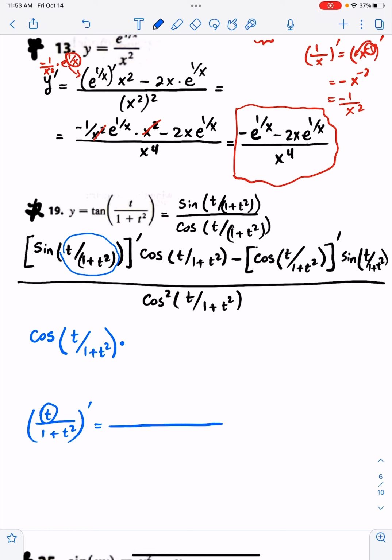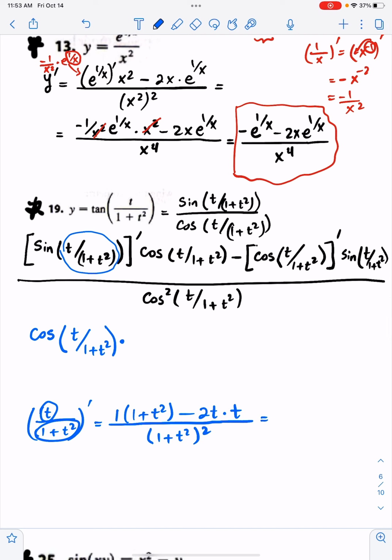So that's derivative of the numerator times denominator minus derivative of the denominator times numerator, divided by denominator square. So that's 1 plus t squared minus 2t squared over 1 plus t squared to the power 2.